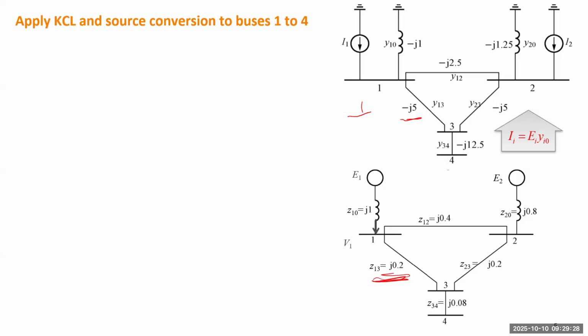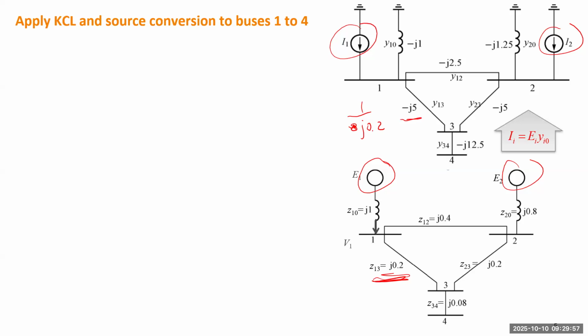So it will be negative 5J. That's the admittance of the same line. We'll do this for every branch. And the original system has 2 voltage sources, so in the equivalent system, we'll have 2 current sources.